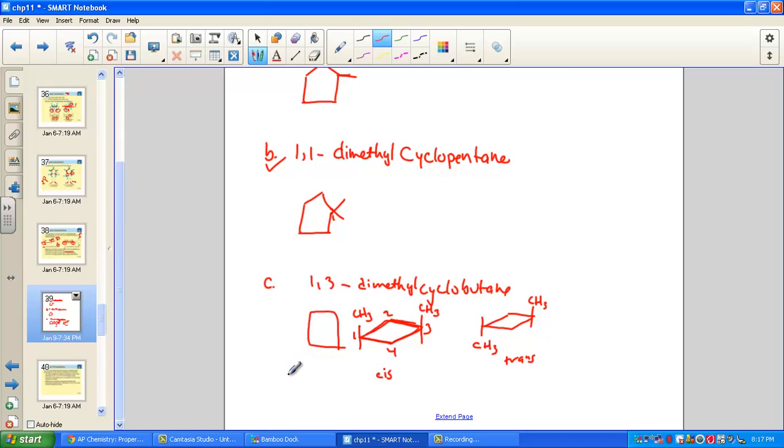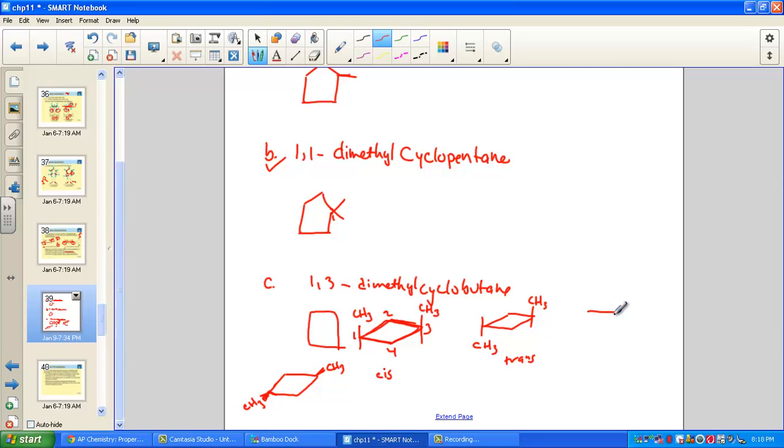The other way to draw this, kind of thinking about the wedges that they'll ask us to compare: if they are cis, we're going to take a look at drawing them either with solid wedges or with dashes. Both need to be solid or both need to be dashed, but they just need to be the same to represent cis.